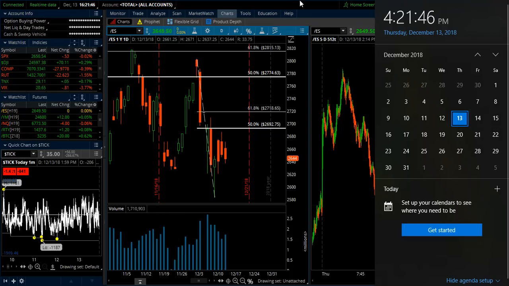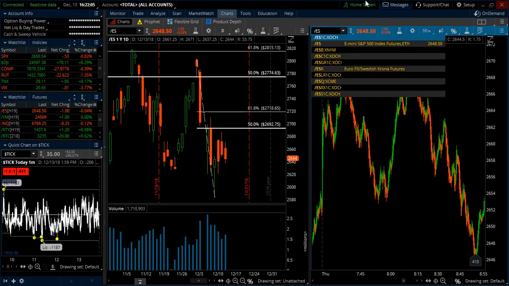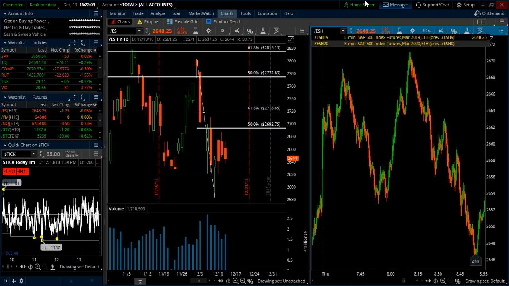The current ticker symbol with most platforms, like my Thinkorswim platform here, I just have \ES, and that will pull up whatever the front month is. But if I start typing, there we go, ES, I can pull up different contracts based on that symbol.